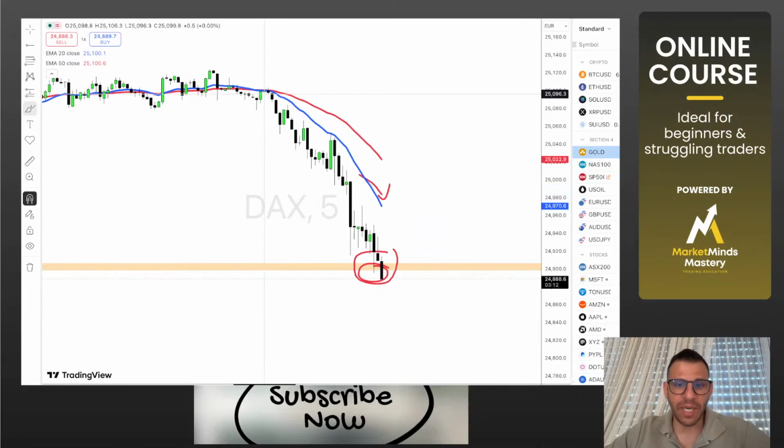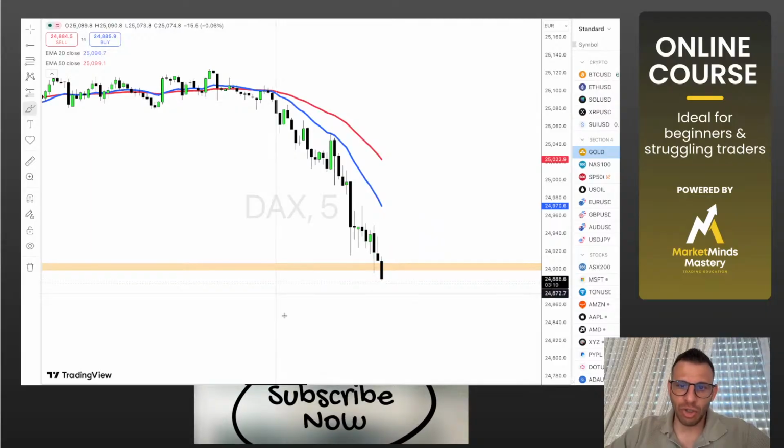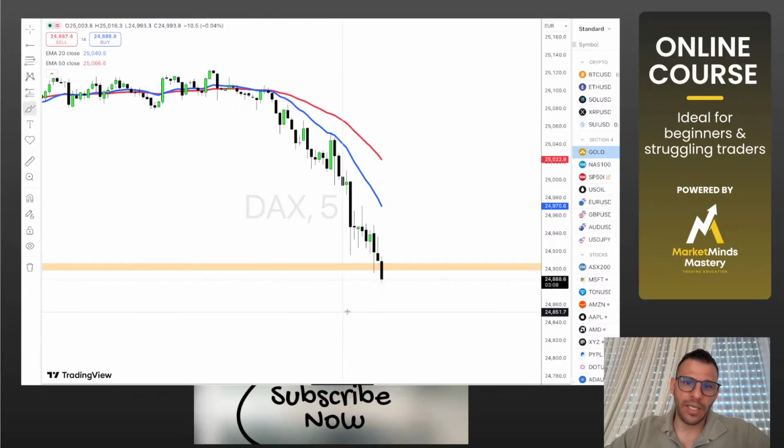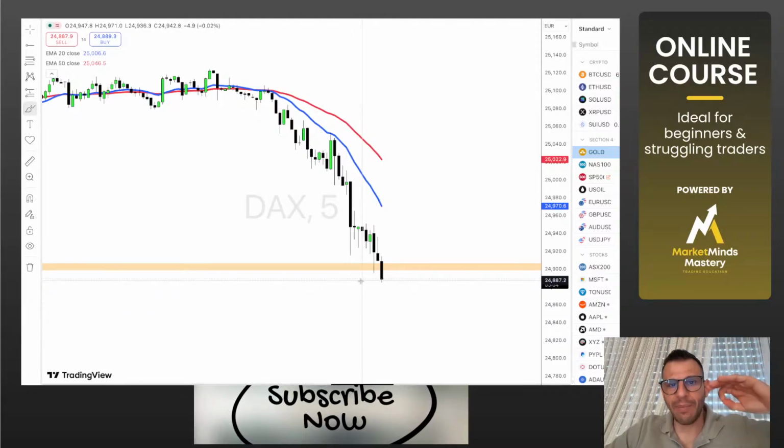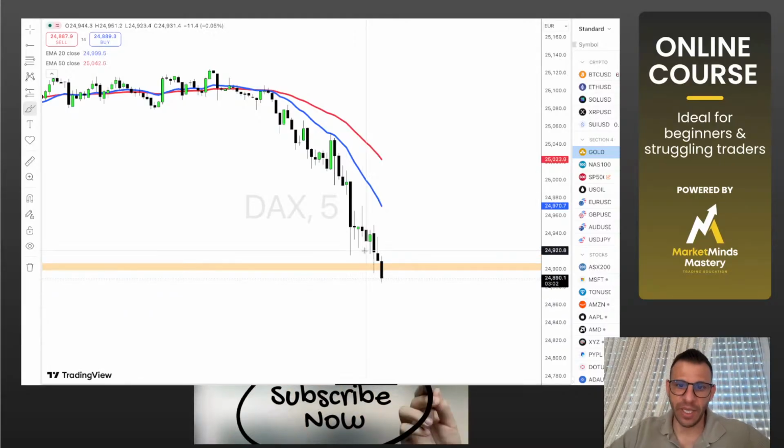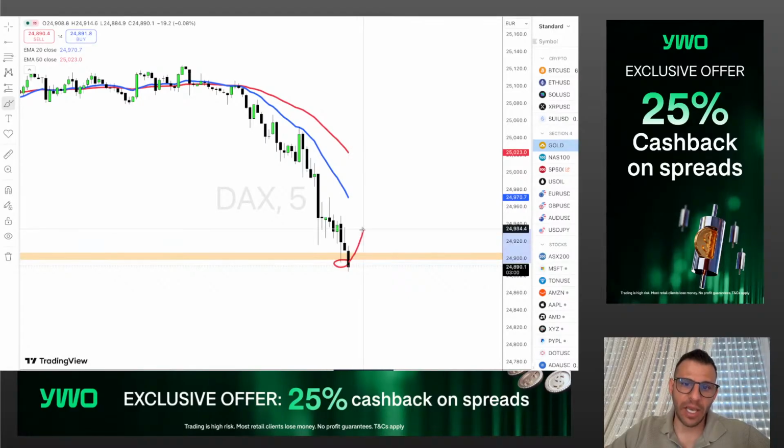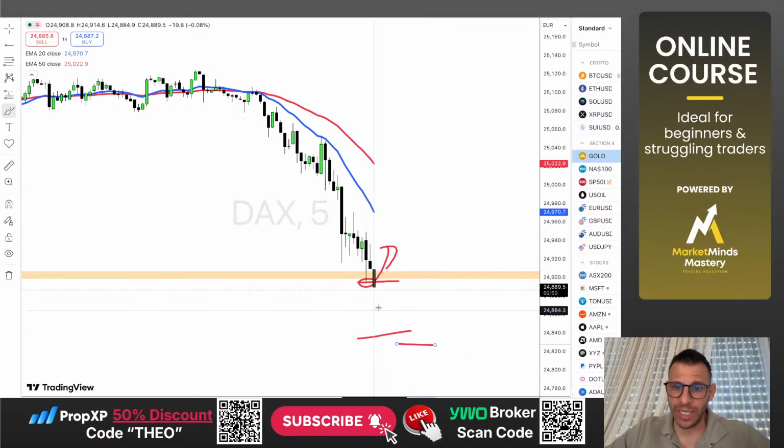You know why? Because in a strong downtrend, it has low probability to pick up the retracement accurately. And if you buy here, let's say you buy here, where are you going to put your stop loss? Most people buy here and they don't even place a stop loss. And they say, okay, if the price goes there or there, I'm going to close the trade. And guess what?